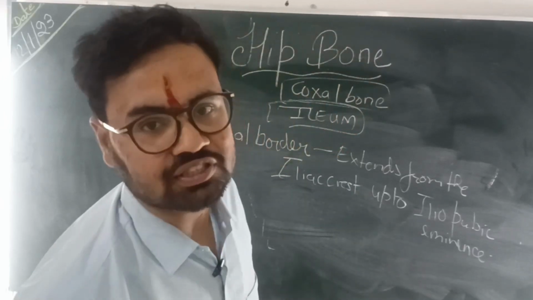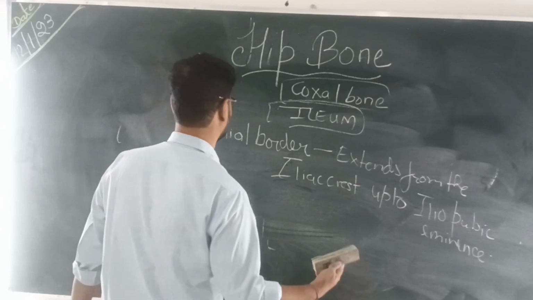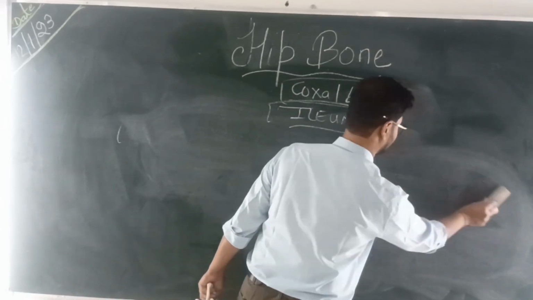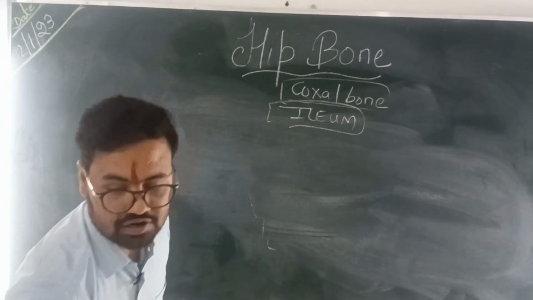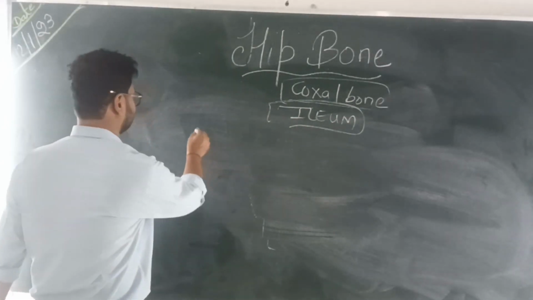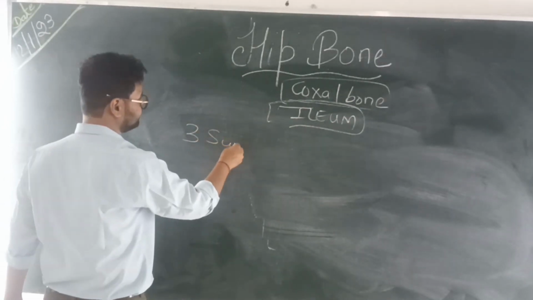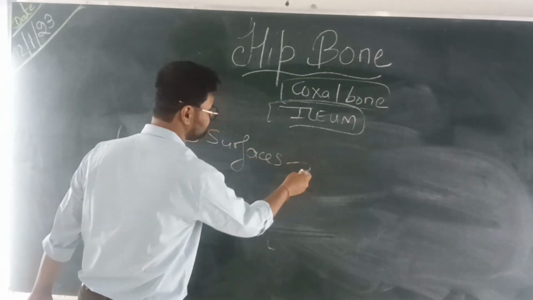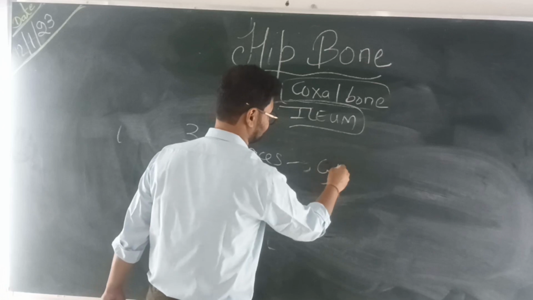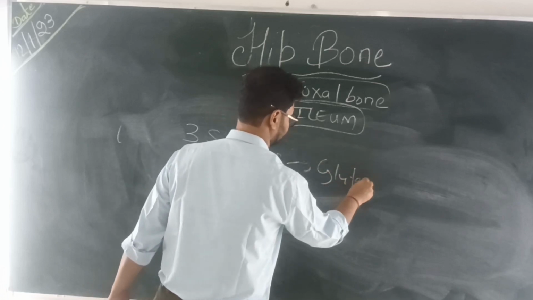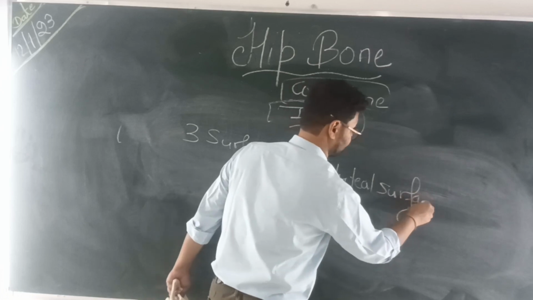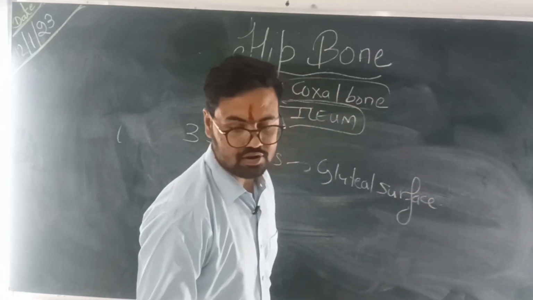Now let me talk about the surfaces of the ilium. Three surfaces are present. The first one is the gluteal surface. Which one?